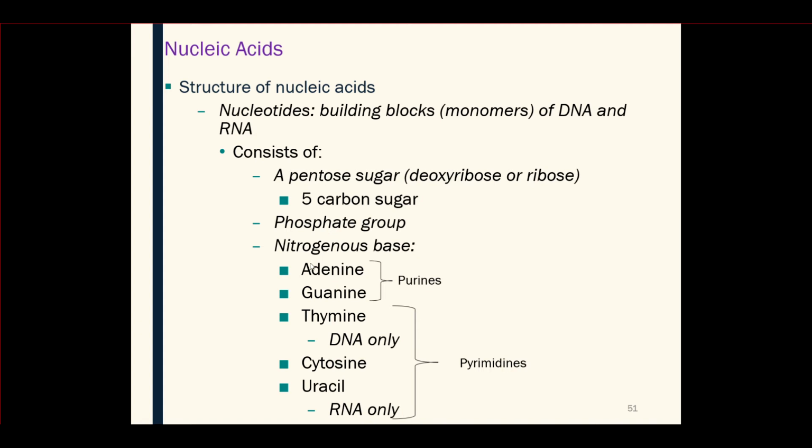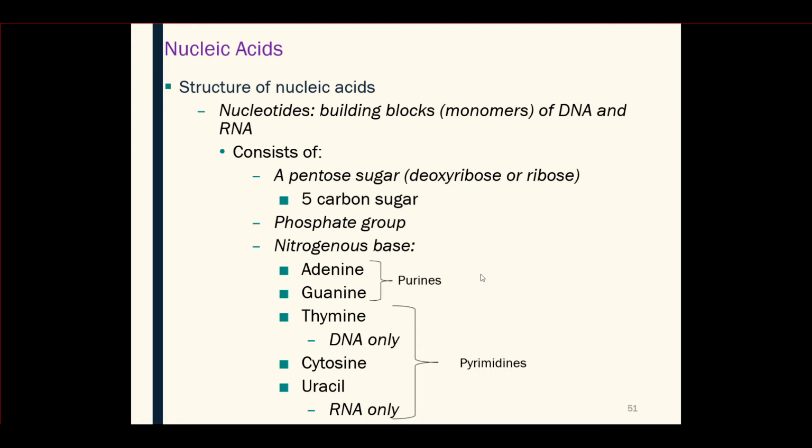The names of them are adenine, guanine, thymine, cytosine, and uracil. Now, the first two are in a group of chemicals known as purines, and then the remaining three, thymine, cytosine, and uracil, these are pyrimidines.